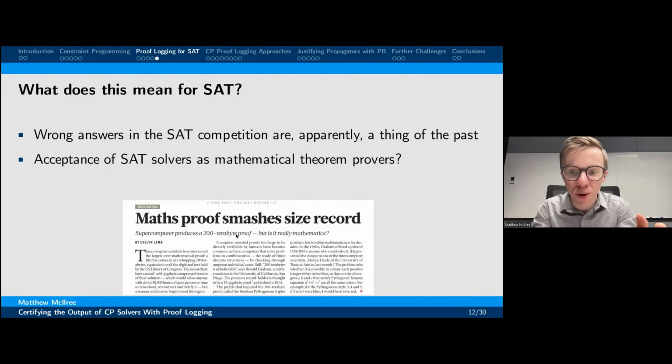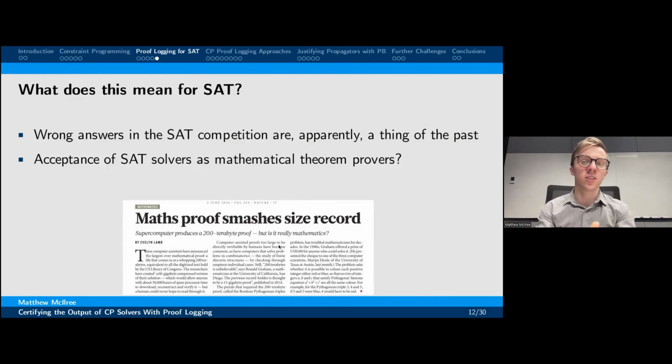And because this is a proof and it's checkable and you can trust the checker, and they actually have a formally verified checker, so super trustworthy, then at least some mathematicians are happy to say, no, this is really actually establishing this mathematical conjecture. Although obviously, as this headline shows, but is it really mathematics? There's still a little bit of skepticism around that.